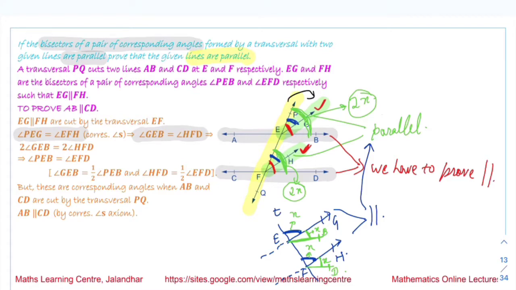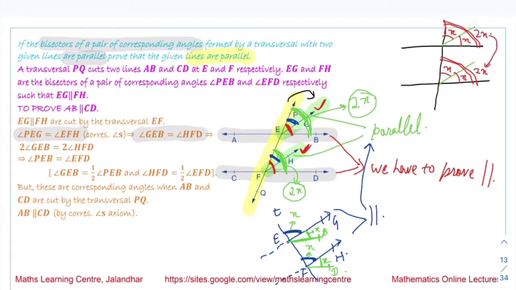So finally, I am explaining over here that these two lines are given to us. This is the transversal, and this is the bisector of this angle, and this is the bisector of this angle. We have started that this angle is x, this angle is also x, this angle is x, this angle is also x. So what we have obtained is that this whole angle is 2x, and over here this whole angle is 2x.